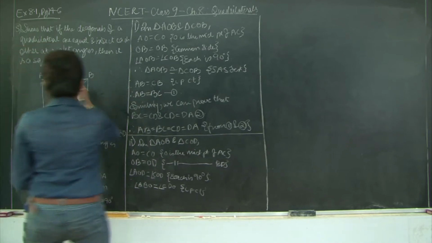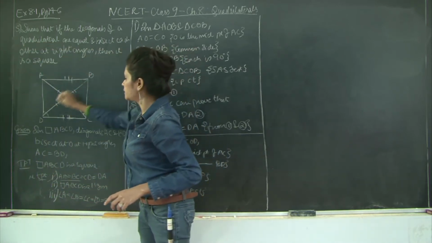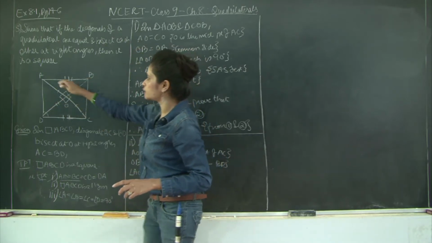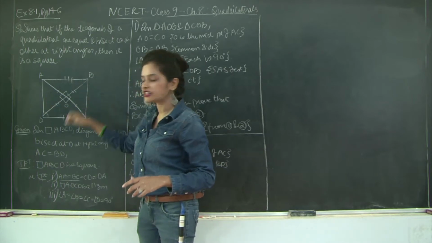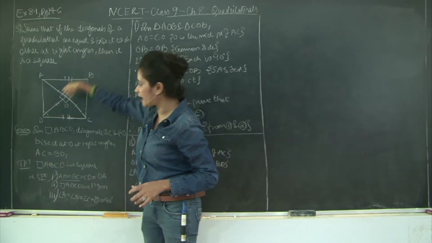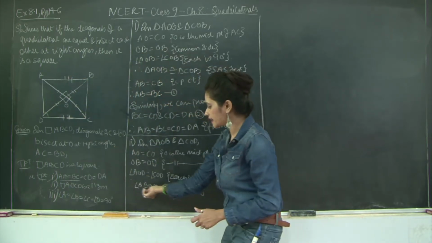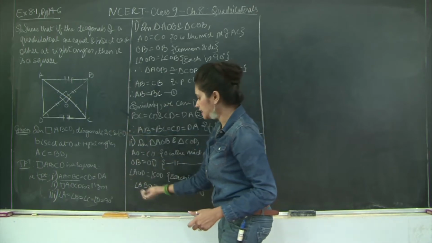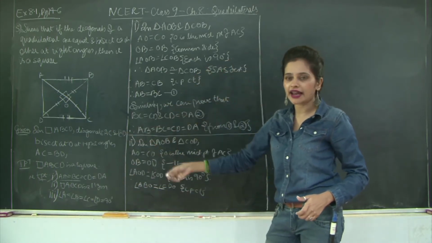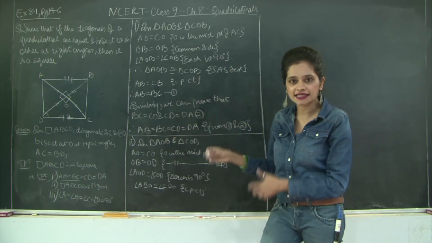But we need these entire angles, right? ABD and BDC congruent. Why? Because we need to show that these two lines are parallel for my transversal BD. So I do not need to stop at O. I need the entire line segment BD and DB in both the cases. That's why I am going to extend this ABO to ABD and CDO to CDB to make them the entire angles and make BD my transversal for lines AB and CD.